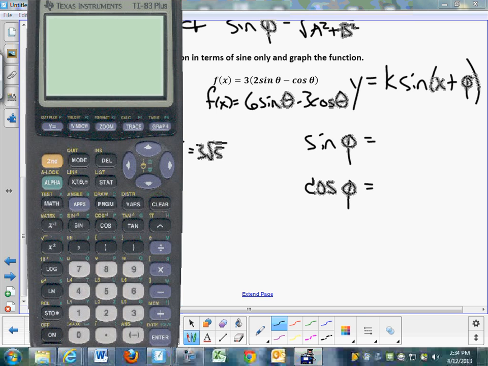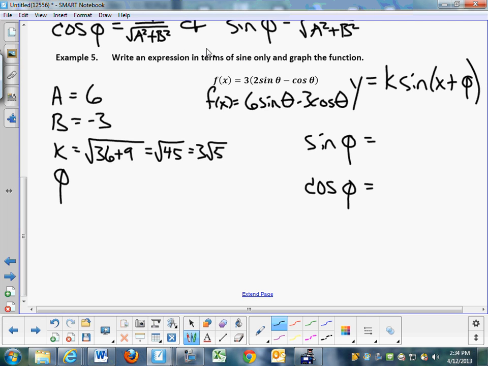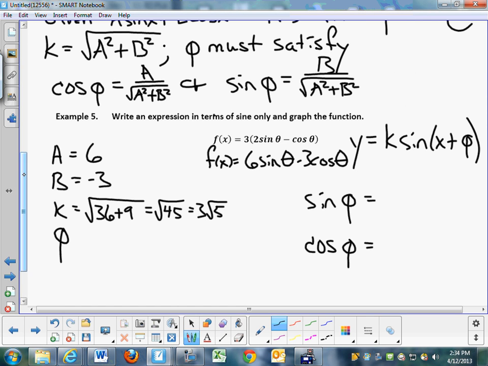Now, sine of phi is equal to b divided by k, right? So sine of phi has to be equal to, what is your b value? Negative 3 over 3 square roots of 5. And cosine of phi has to be a, which is 6, divided by 3 square roots of 5.